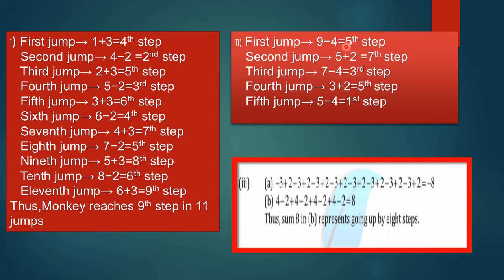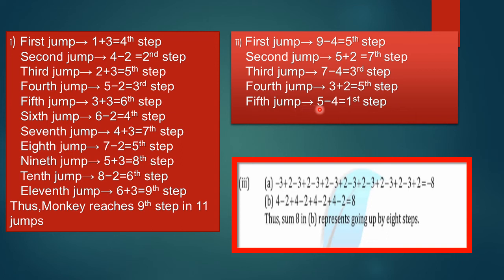Then again due to imbalance it jumps down, that means second jump 5 plus 2, that is equal to the 7th step. In the third jump again from 7, going up 4 steps, so 7 minus 4 equal to the third step.